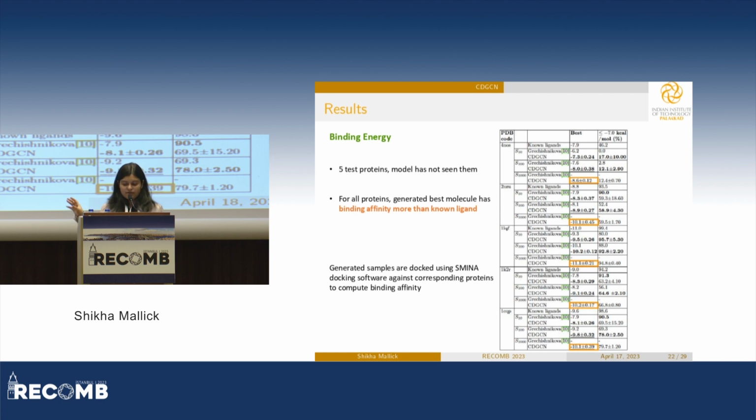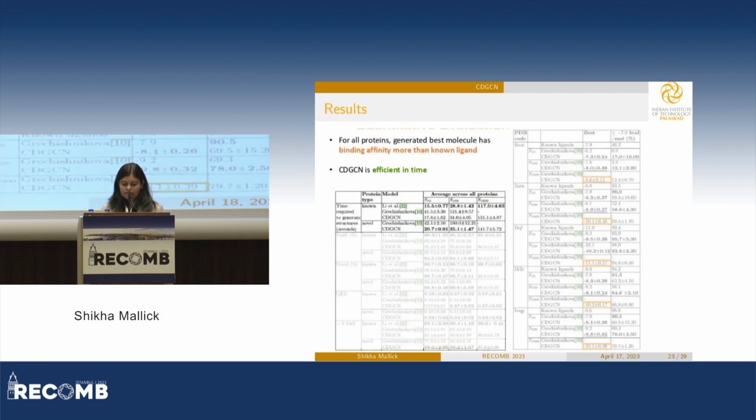We also observed that compared to the state-of-the-art Graph-Convolution, CDGCN gives a better binding energy for the five test proteins. CDGCN is also very efficient in time. It can generate almost 1,000 novel molecules in approximately 2 minutes.